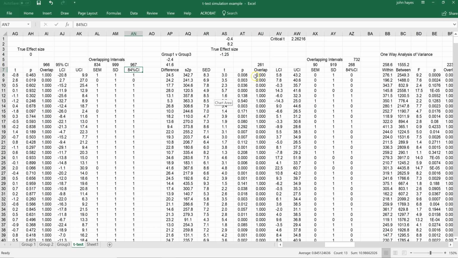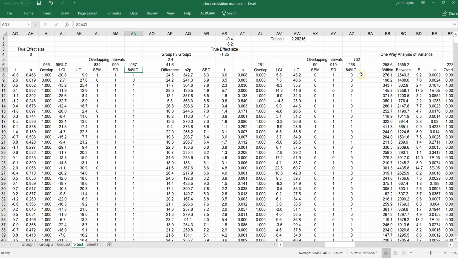Well, the p-value is greater than 0.05 261 times. So we have failed to correctly reject the null hypothesis 261 times. That's our type 2 error.